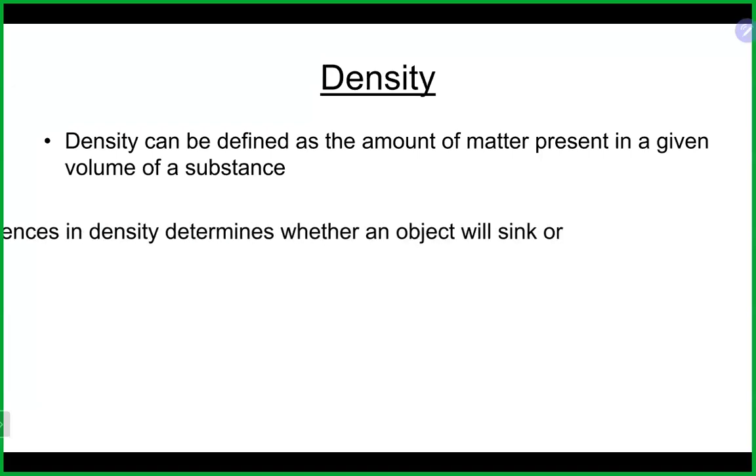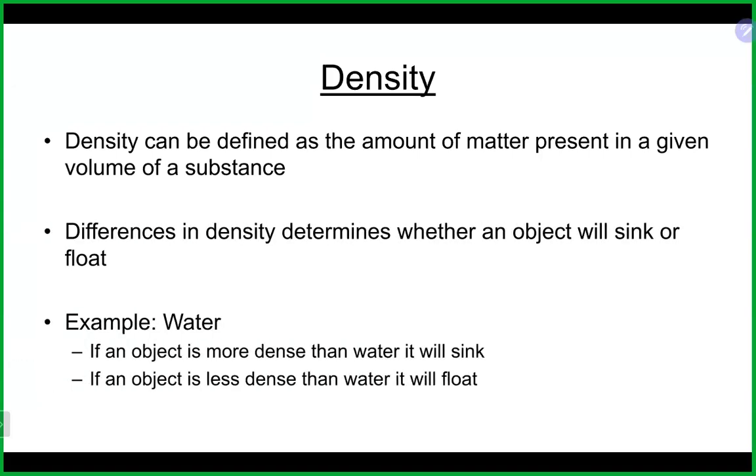Last thing we're going to talk about in this chapter then is density. Density can be defined, as we talked about in lab on Monday, as the mass of a substance over its volume. Differences in density, as we talked about, for example, with water, will determine whether or not something will sink or float. If something is more dense than water, it will sink. If it's less dense than water, it will float.